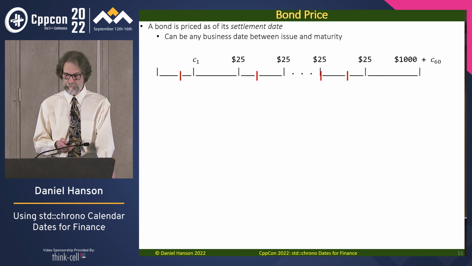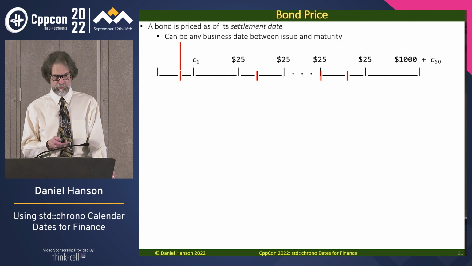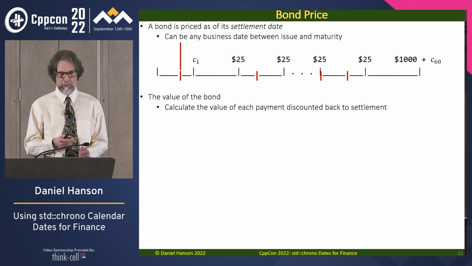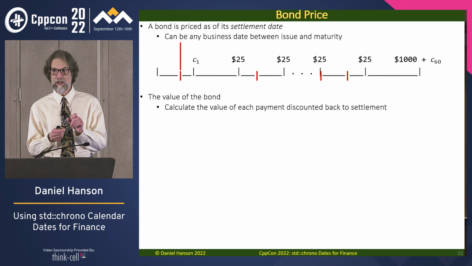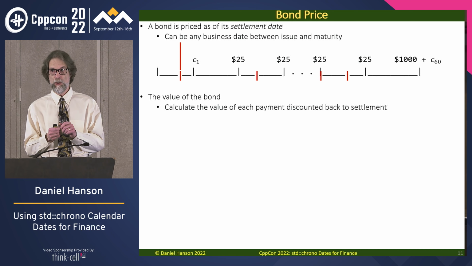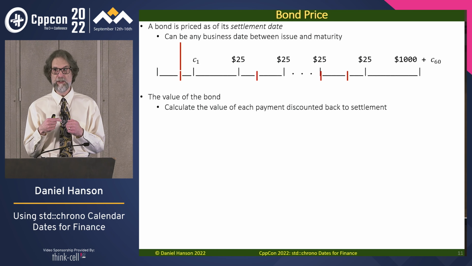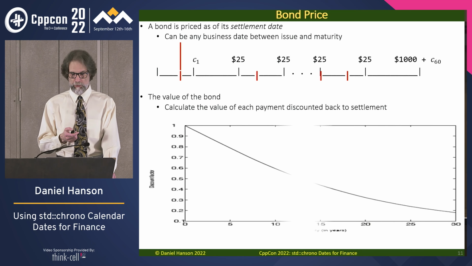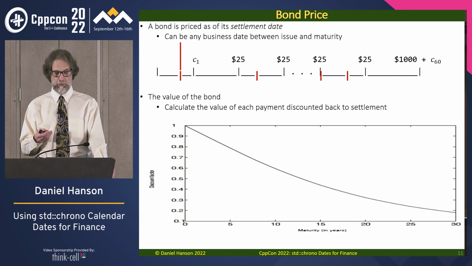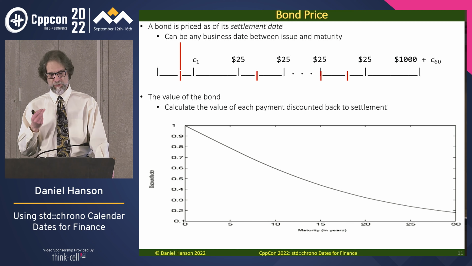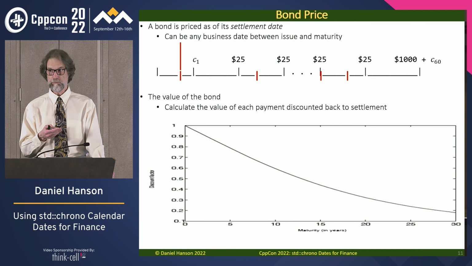As an example, let's take this date here as our settlement date. What we need to do is calculate the discounted value of each payment. That means what the payment in the future is worth today. So we have to apply a discount factor. At the end of the day, there's a little bit more that's involved here, but eventually you get a discount curve.